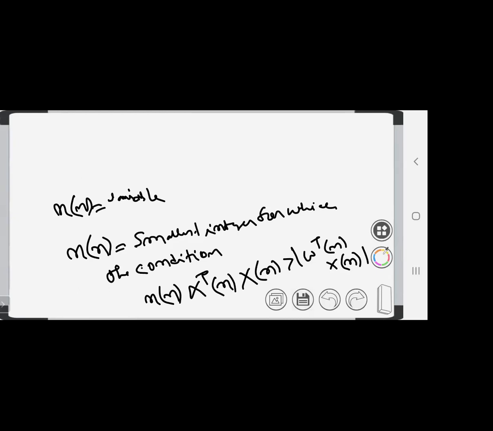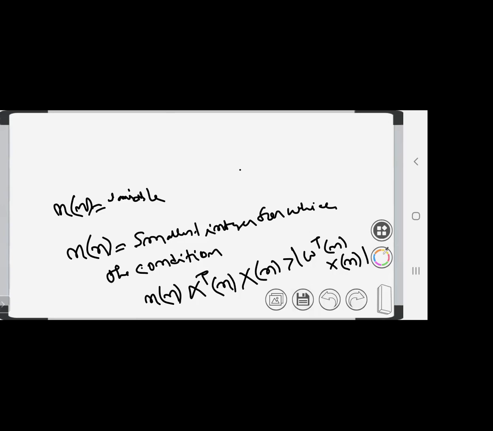With this procedure, we find that if the inner product of W transpose n xn at iteration n has an incorrect sign, then W transpose n plus 1 and xn at iteration n plus 1 would have the correct sign. This suggests that if W transpose n xn has an incorrect sign at iteration n, we may modify the training sequence at iteration n plus 1 by setting x n plus 1 equal to xn.